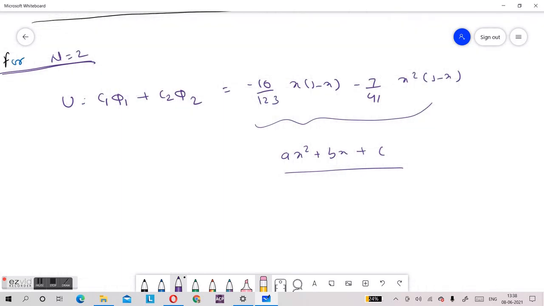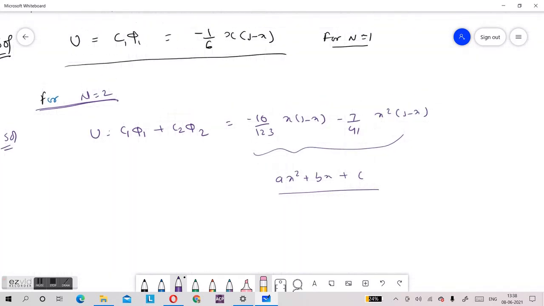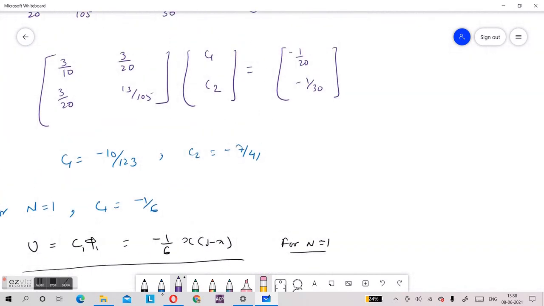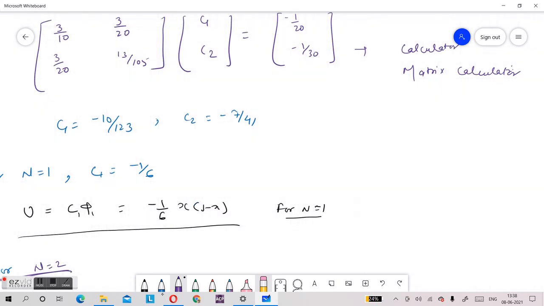Okay, and how to solve this equation? You can solve it with your calculator and by a matrix calculator. And if this matrix becomes very large, like 8 cross 8, as in future classes when we solve it for a beam, it will convert into a matrix of 8 cross 8.